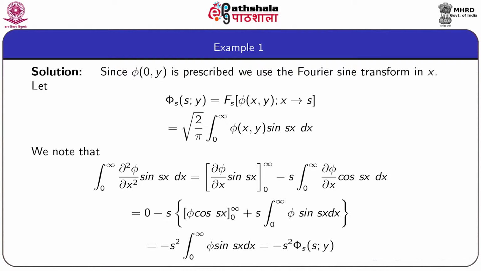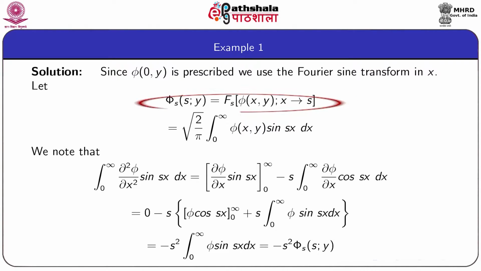Now we can see that since phi at x equal to 0 is prescribed, that is phi at x equal to 0 is 0, we shall use Fourier sine transform in x. The reason will be clear shortly.